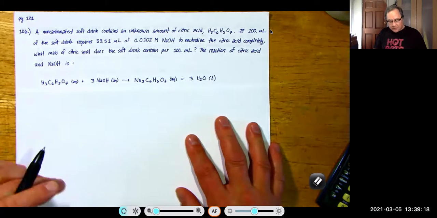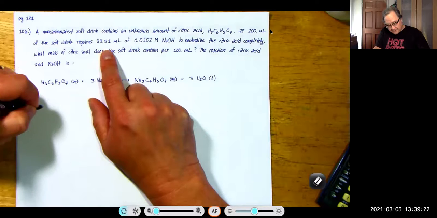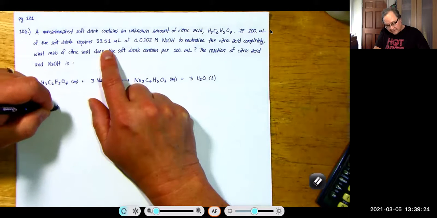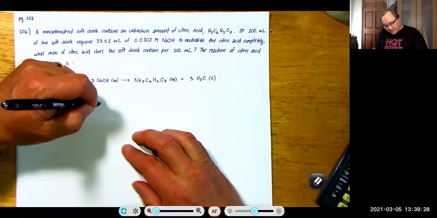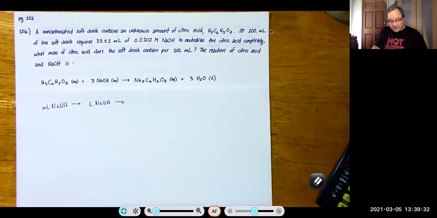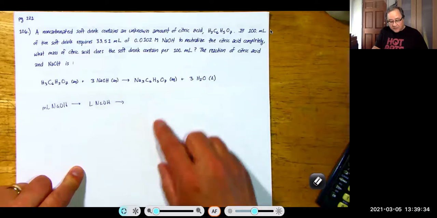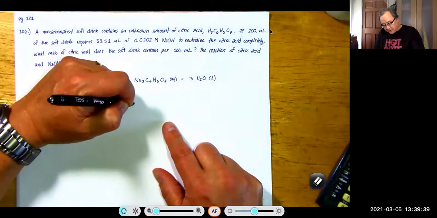So here, what I'm going to do is take my milliliters of sodium hydroxide and convert that into liters of sodium hydroxide. And the reason I'm doing that is because I know that with this concentration, I can convert from liters of sodium hydroxide to moles of sodium hydroxide.